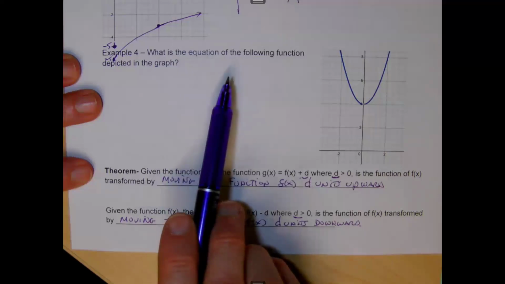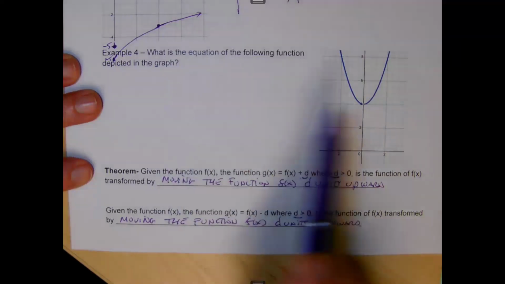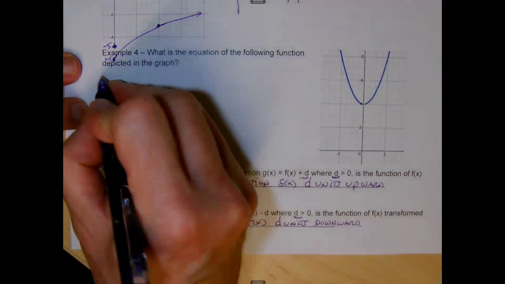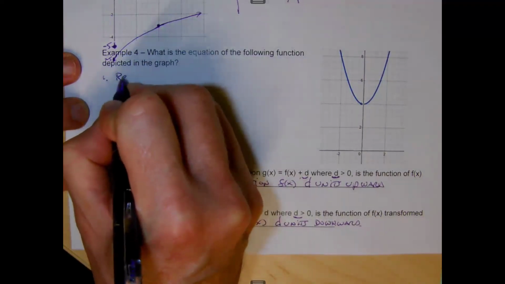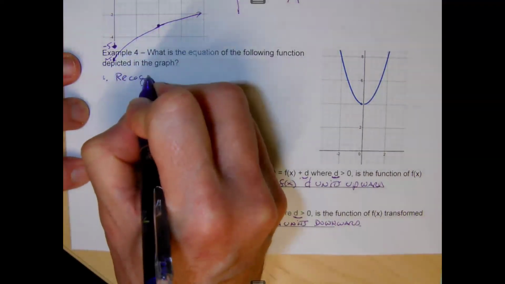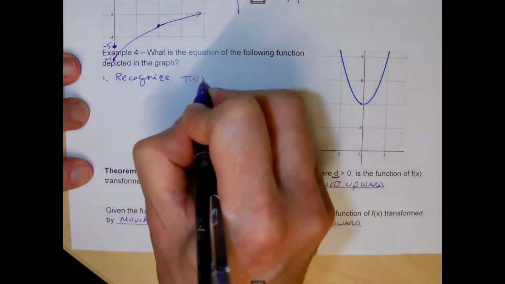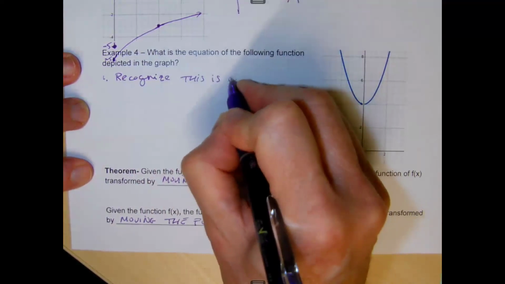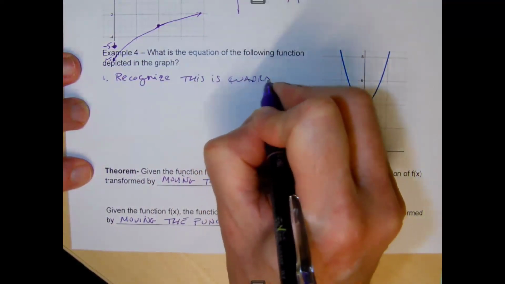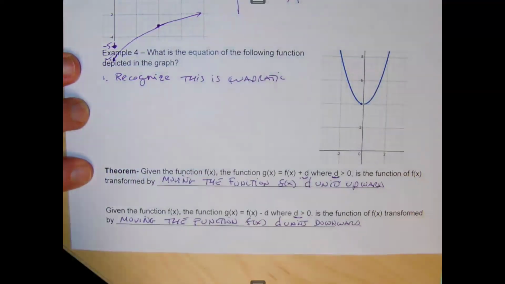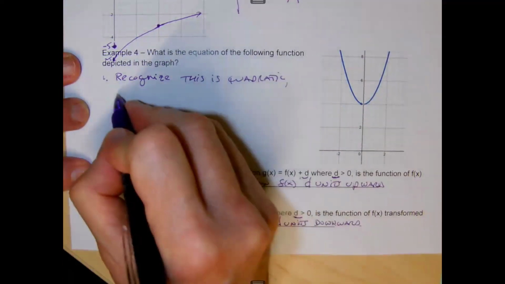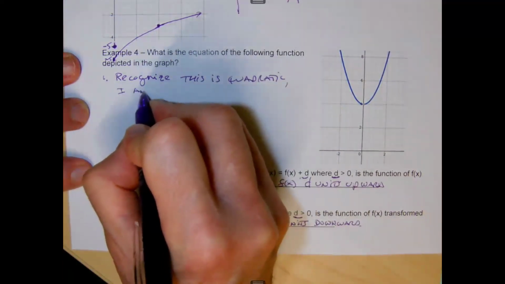What is the equation of the following function depicted in the graph? Well, what I'm hoping for is, 1, recognize this is quadratic. In other words, I am looking at a parabola.